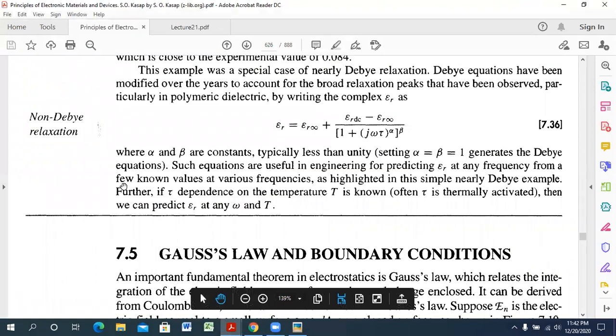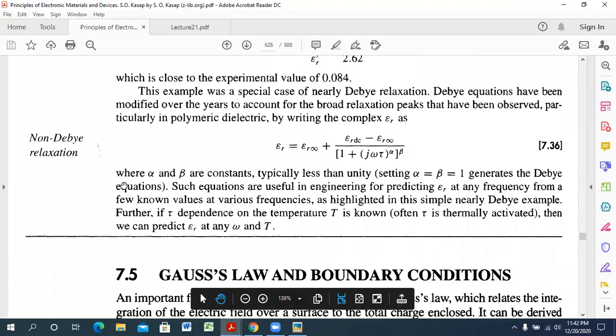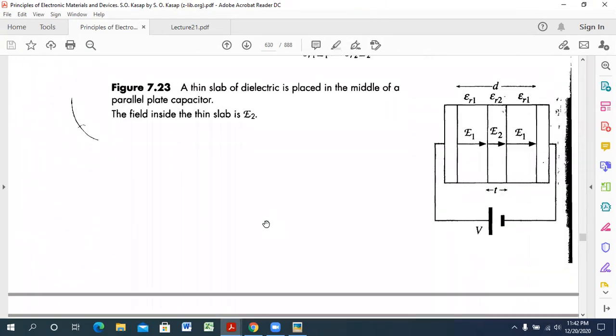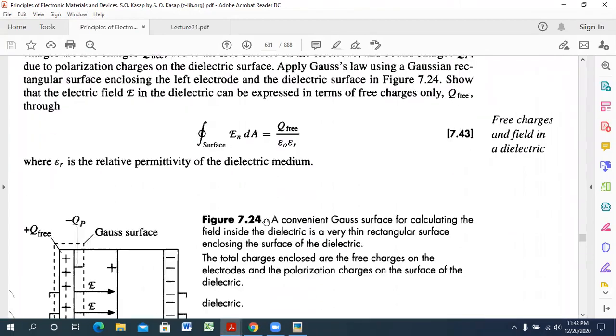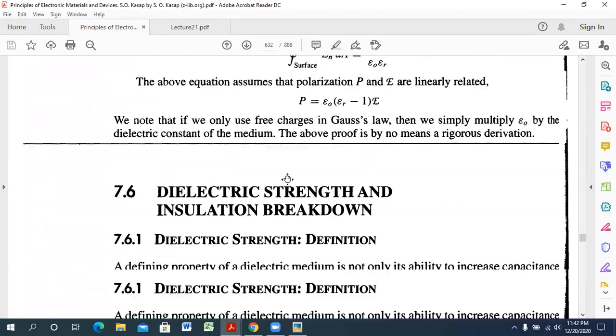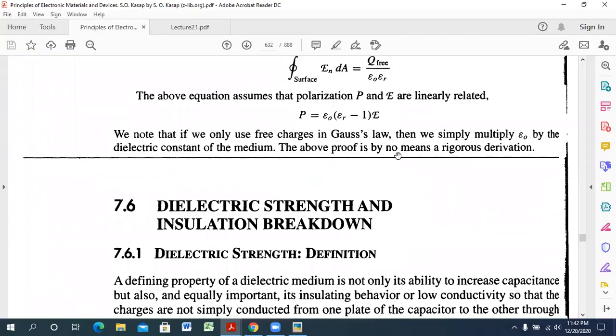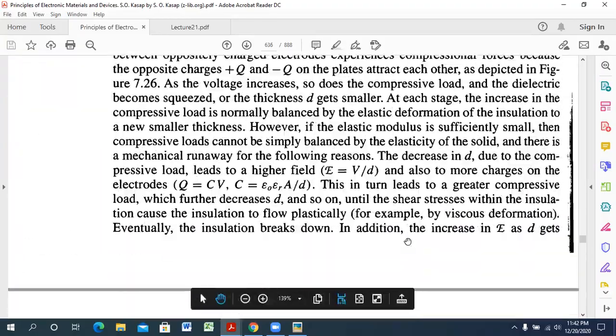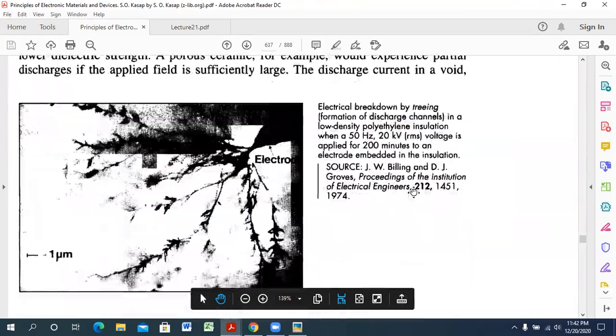This will be the end of today's lecture. In the next lecture, we will start from article number maybe 7.8 or something like this, the piezoelectricity, and that part is very important.